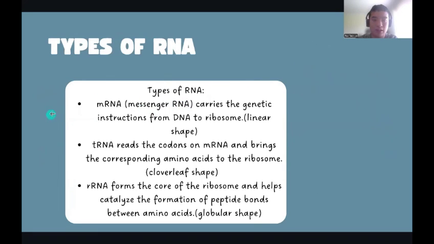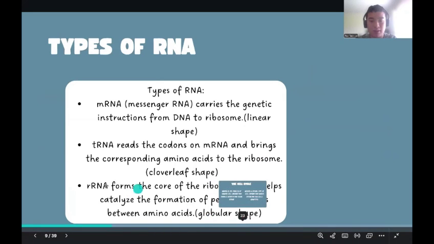Types of RNA: mRNA carries the genetic instruction from DNA to the ribosome. When RNA is in a linear shape, it is called mRNA. When it's folded into a cloverleaf shape, it's called tRNA, and it reads the codon on mRNA and brings the corresponding amino acids to the ribosome.